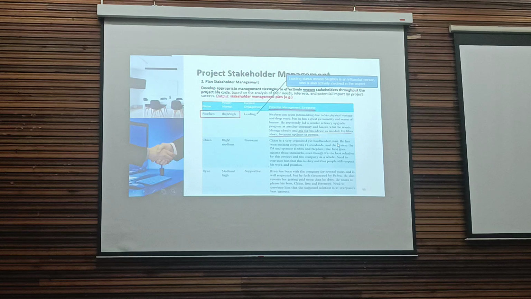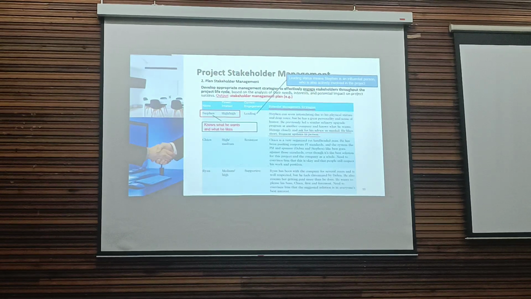If you send him long messages, he will have no time to read. The same thing, when you engage with your FYP supervisor, you also need to know the best way to engage with him or her. In this case, know what he wants and what he likes.